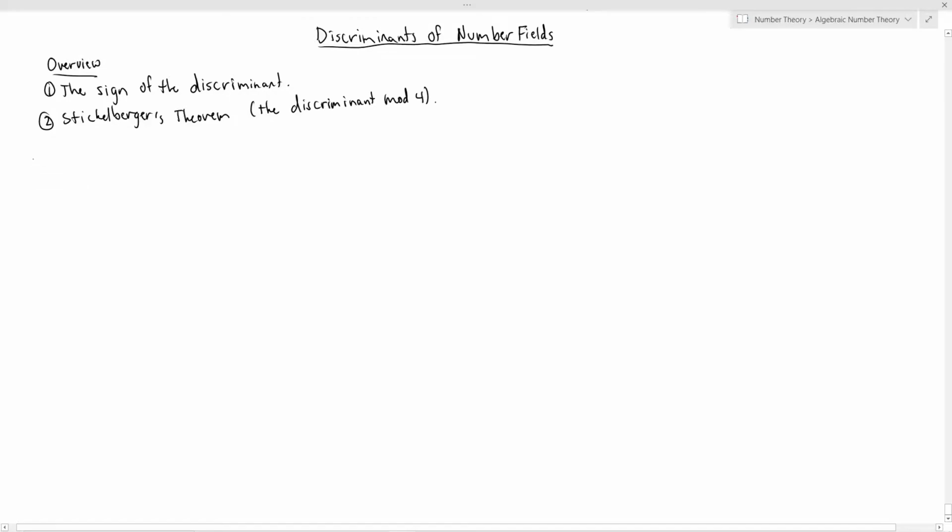So the first, 24.1 proposition. So the first thing is the sign of the discriminant.